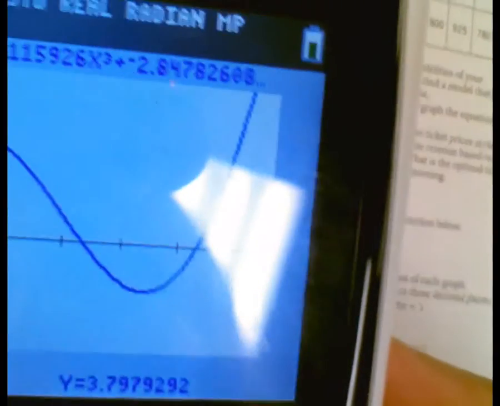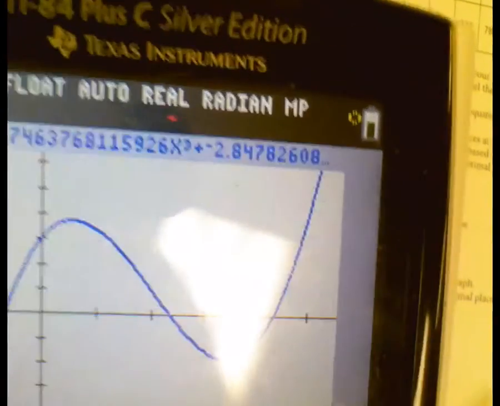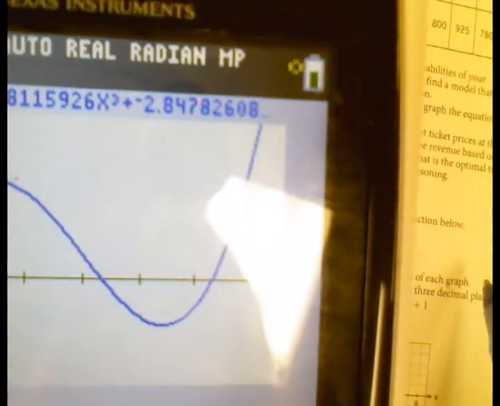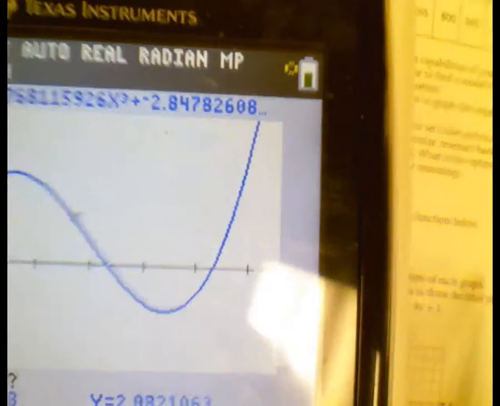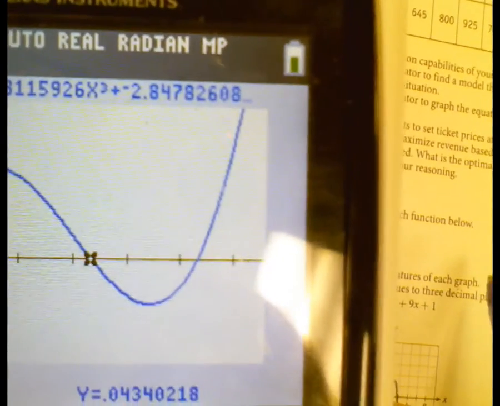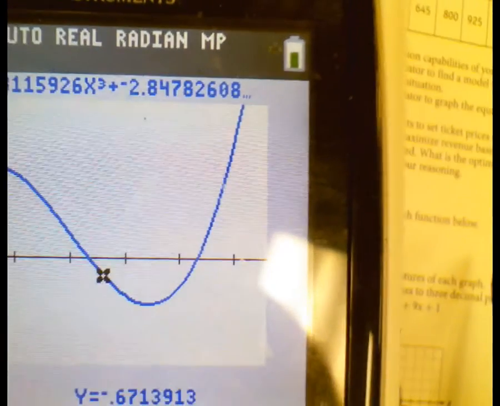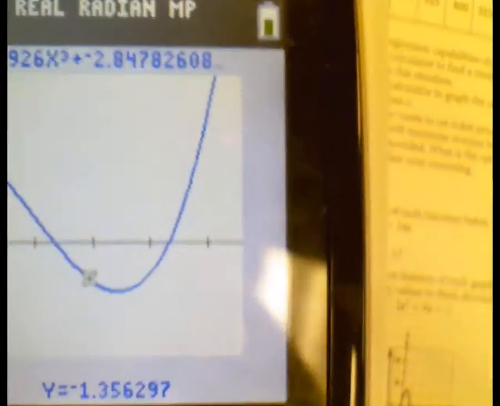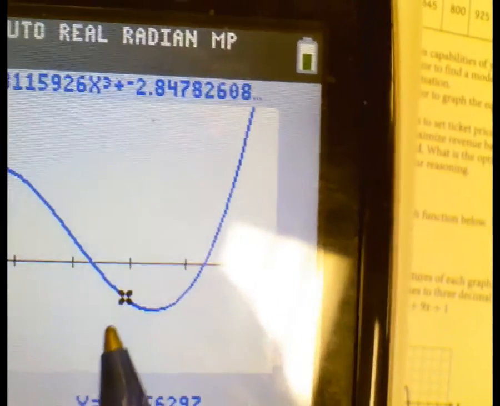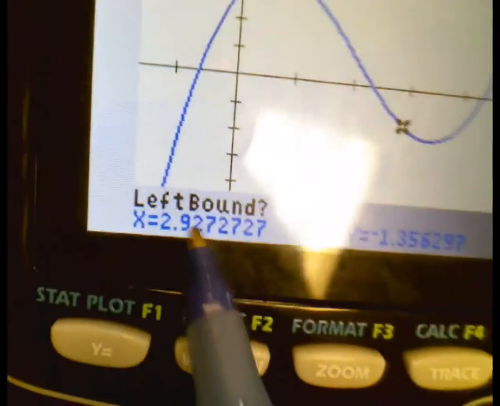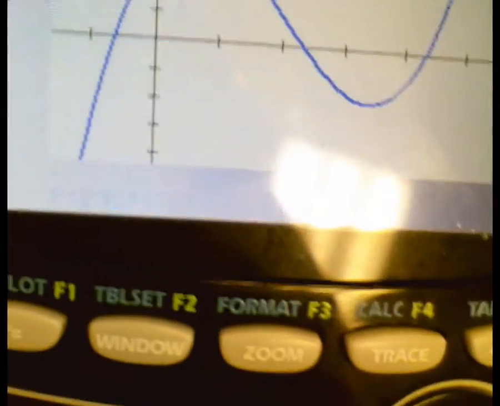So now we're going to press second trace, min. We're going to move the spider all the way down till it's right before the vertex. You guys see that? This is the minimum point. So you want to keep the spider to the left of that because it says left bound guess. Press enter.